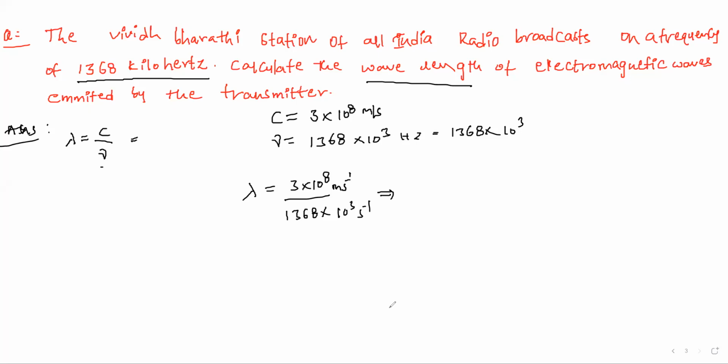We'll get 219.3 meters. Did you understand? There is nothing here, just calculate the wavelength. They have given the frequency, you know already the c value. So wavelength equals c by nu. Is it clear?